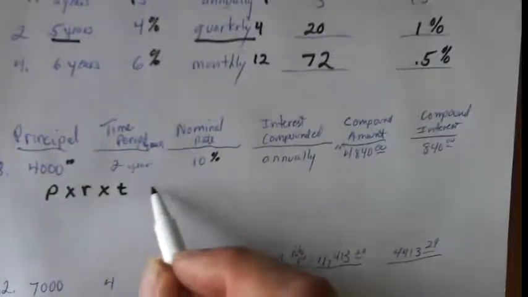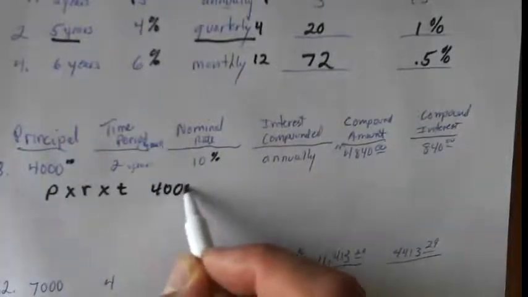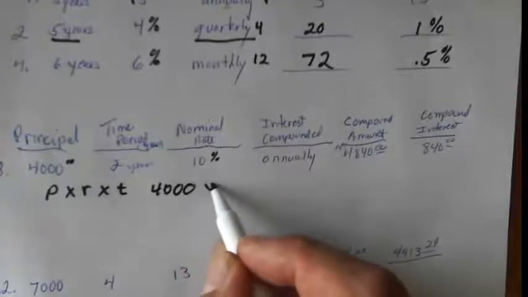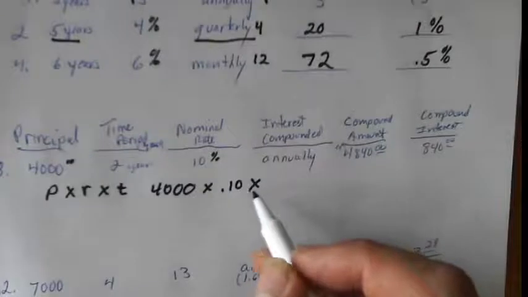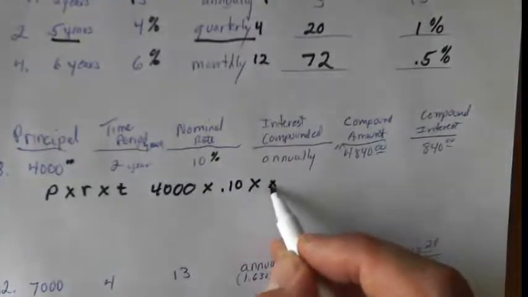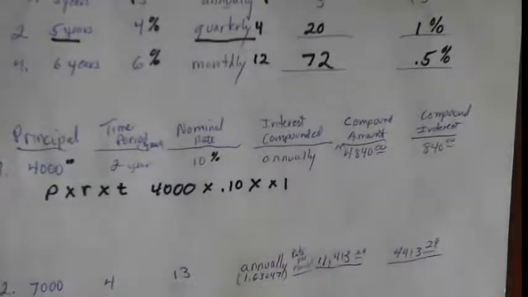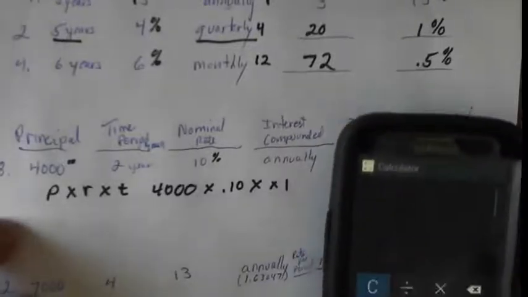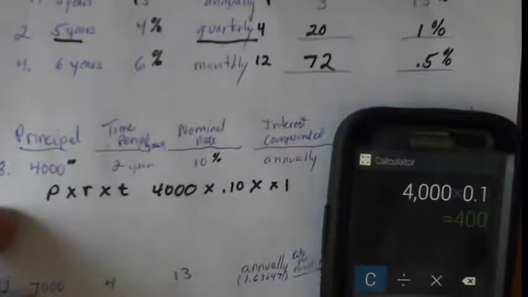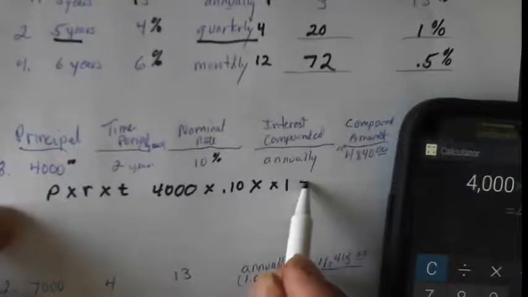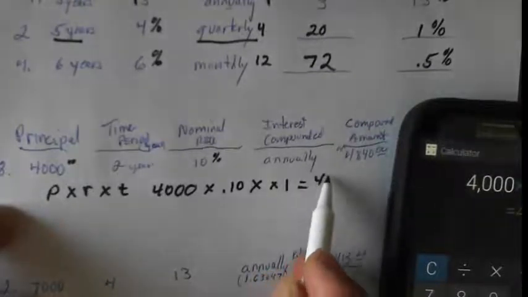So $4,000 times 0.10, and since we're doing it annually, it's just going to be 1 year. We could probably do that one in our head, but I'm going to do it on the calculator so you can see how it goes. So 4,000 times 0.1 equals $400 times 1. I didn't do that, but it's assumed.